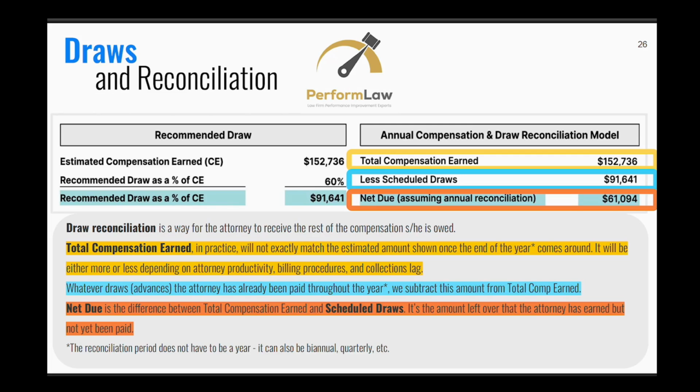And then what's left over is the net due to the attorney. So that's going to be what actually gets paid out to the attorney. It might actually end up being more or less than what you estimate, depending on how things fall out, and especially considering collections lag, which is another way of saying, especially considering how long it might take for a client to pay out on a certain invoice.